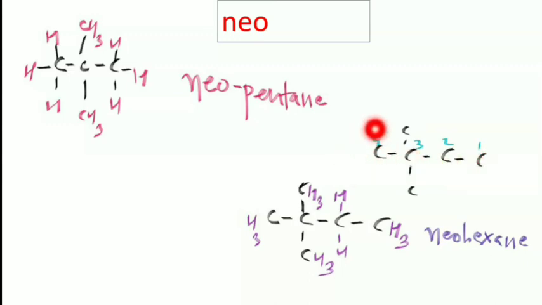This one is the last carbon atom and this one is the second last carbon atom. On it 2 methyl groups are attached on the continuous chain. This one is the continuous chain and this carbon is a methyl group. Whenever you have such structures, you can use neo as a prefix for the compounds or the nomenclature of the alkanes. This is all about the nomenclatures of n normal, iso and neo for the alkanes.